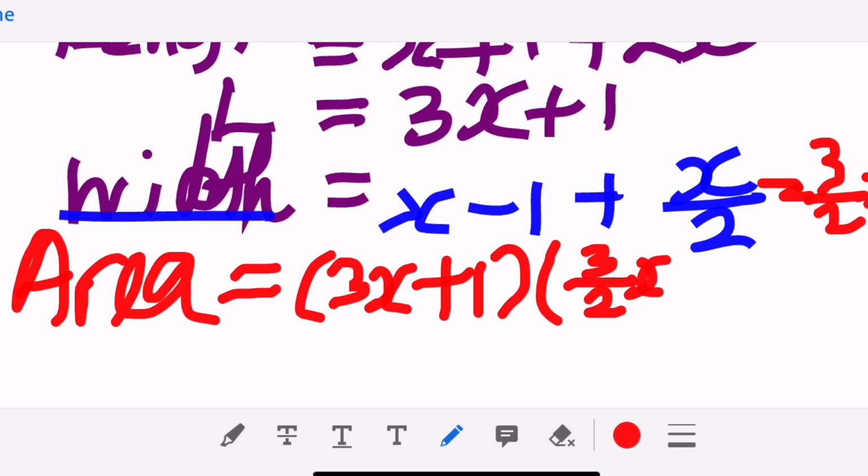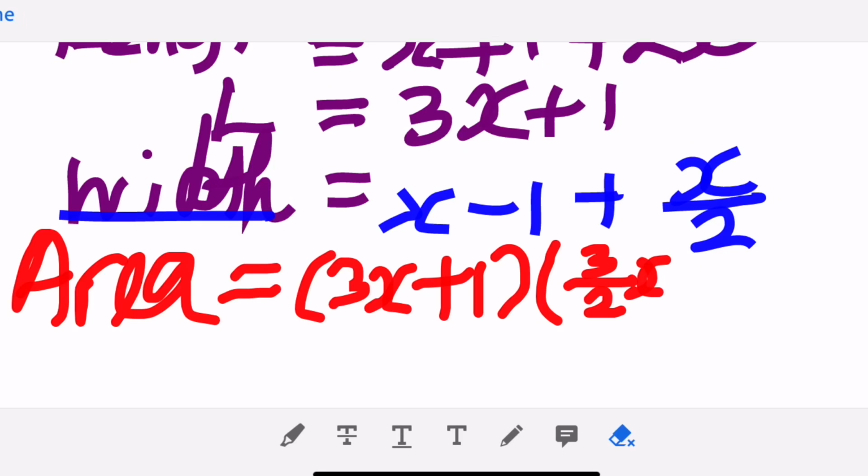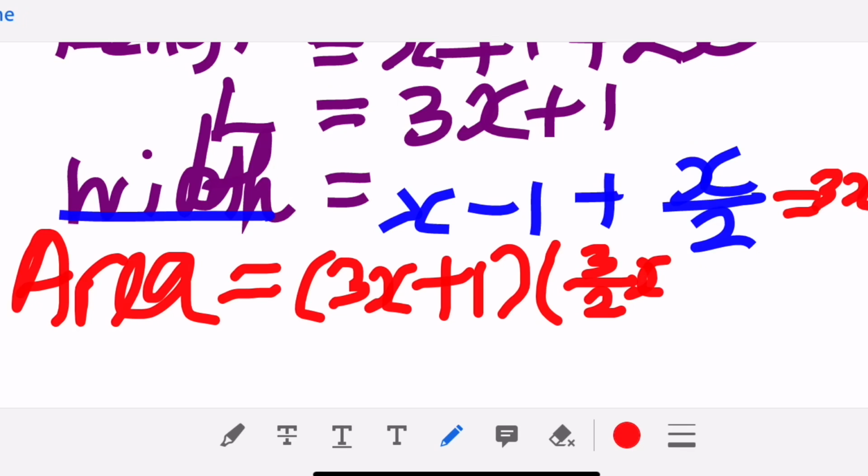When you write the quadratic expression, you need to be very careful and write your handwriting neatly so that you won't have careless mistakes. Okay, understand?